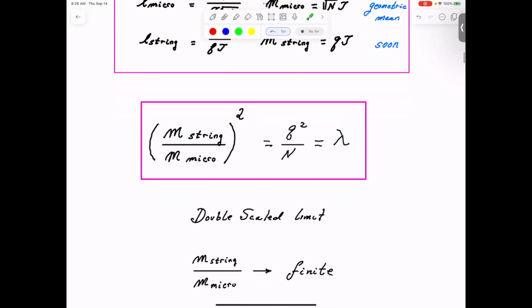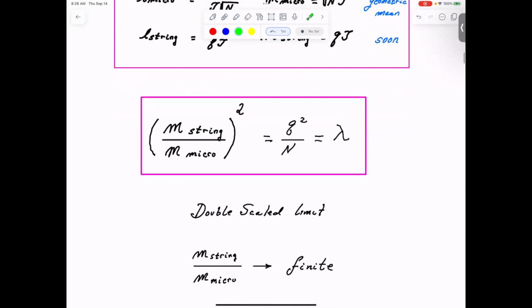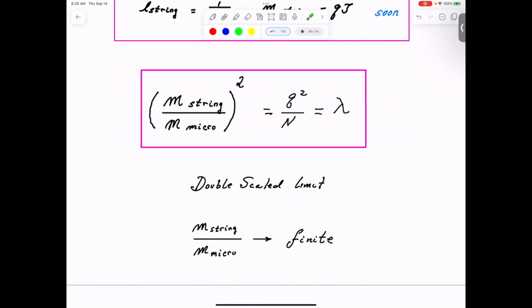That is the reason for being interested in the double-scaled limit. Not because double-scaled has a nice ring to it, but because it is holding fixed lambda.